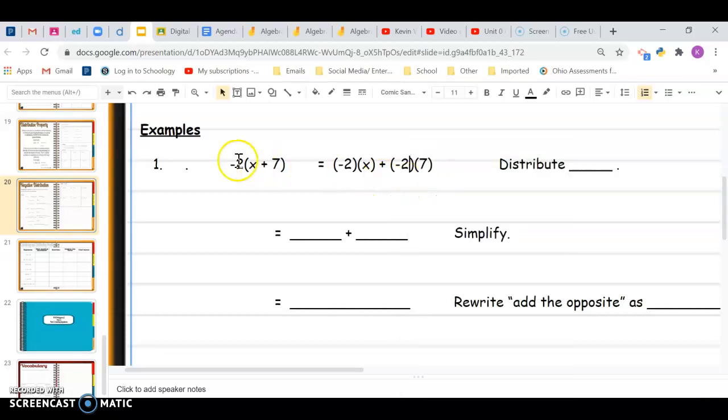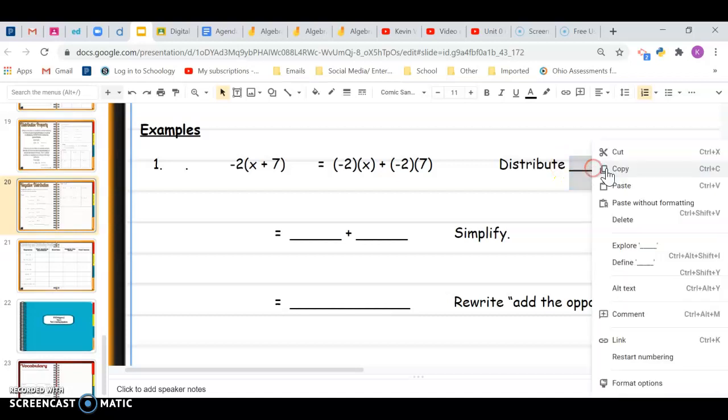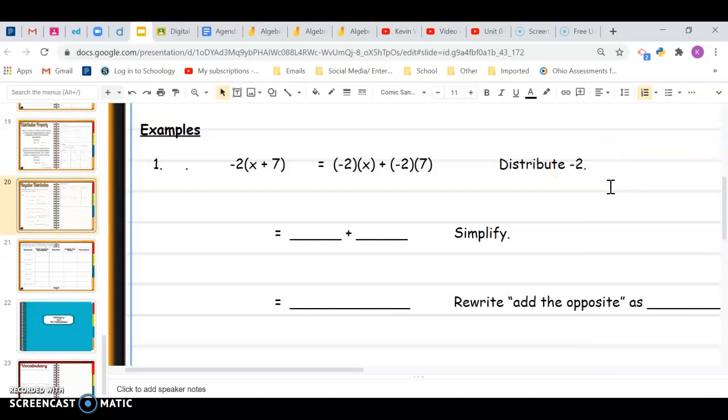Now remember, when you're distributing something with a sign attached to it, like a negative sign, you distribute both the number and the sign inside of the parenthesis. So we are distributing negative 2. So I'm going to make sure I write that right there, negative 2. Now, let's go through and actually simplify what we have here.